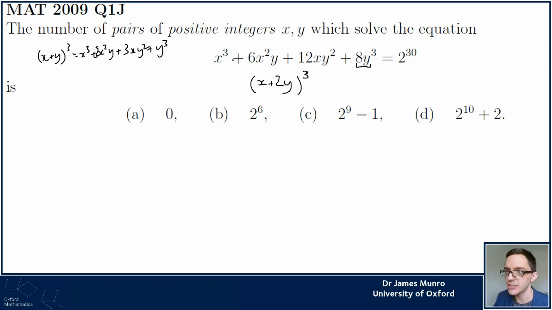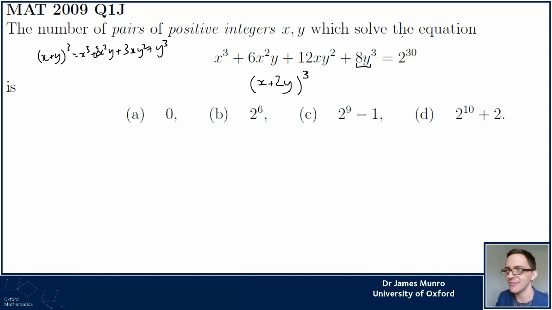I can see that the x cubed term and the 2y cubed term are going to match up. Do the middle two terms work out as well? I'm going to skip doing the algebra on the screen, but this thing on the left is exactly x plus 2y cubed. If you do the binomial expansion, then this 6 and this 12 work out just fine, which is maybe a clue that we're onto something here.